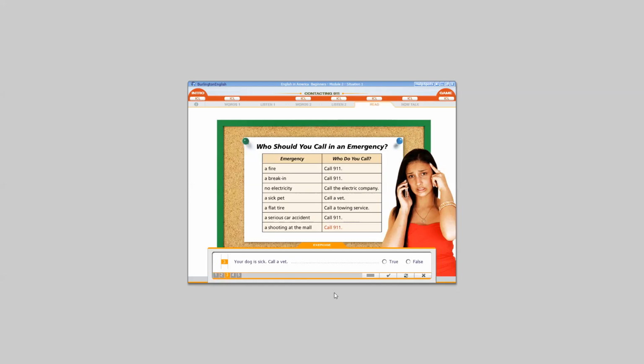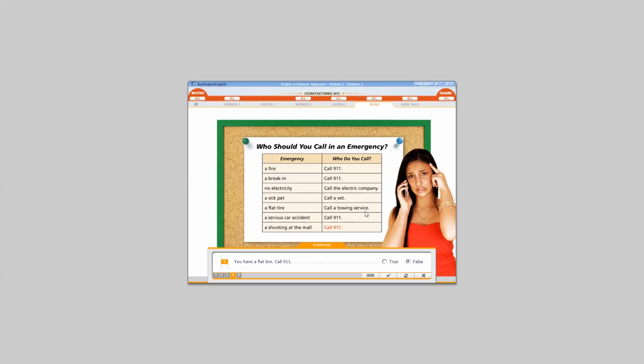Your dog is sick. You call a vet. True or false? True. How about number 4? You have a flat tire. You call 911. True or false? False.